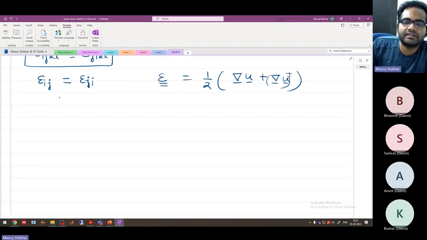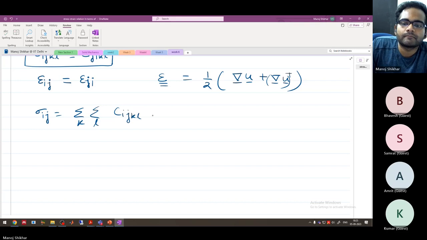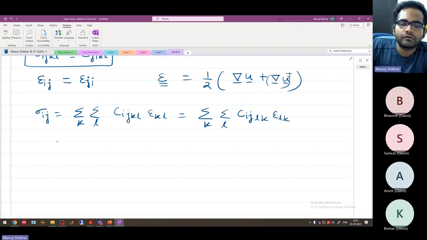So if epsilon ij is equal to epsilon ji, from here we get Cijkl equal to Cijlk.